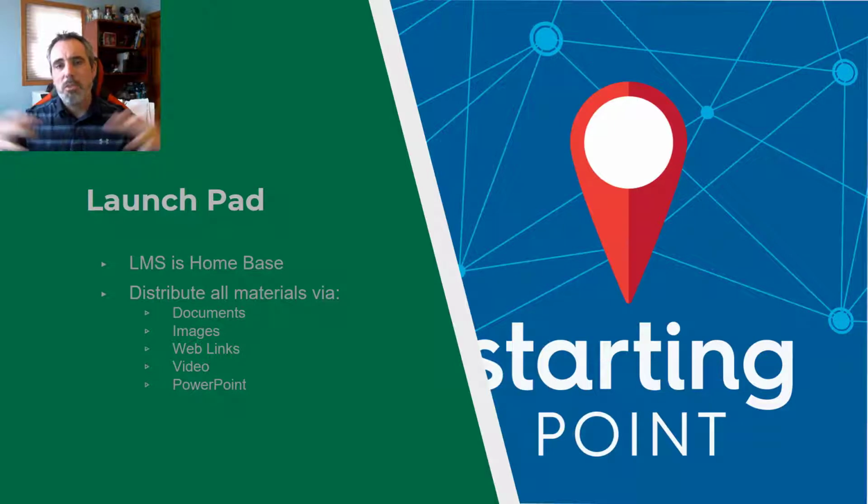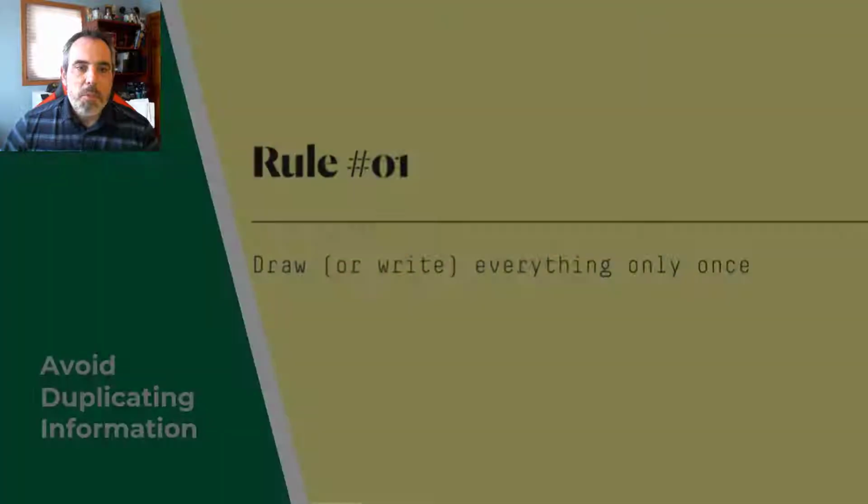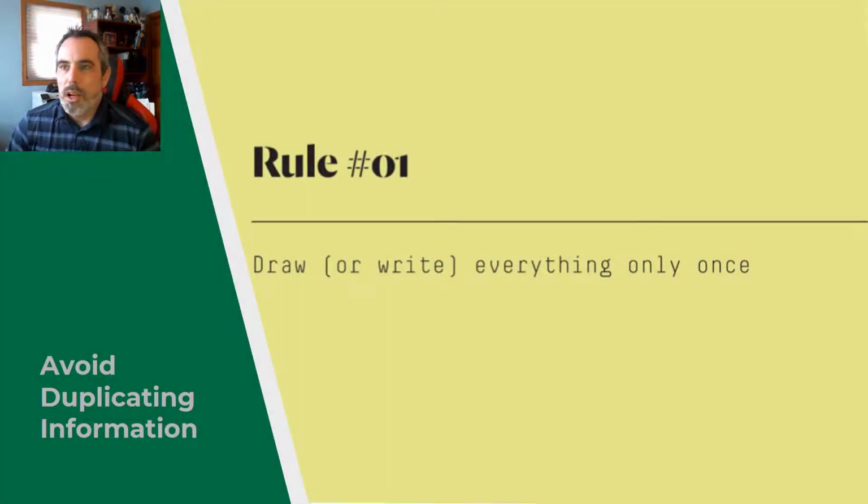But this is where everything starts, and then it's where everything finishes. This is where the grades are. You summarize, you keep students up to date, you provide the feedback. So keep in mind that it's the launch pad, and try as much as you can to only write everything once. Avoid duplicating information.